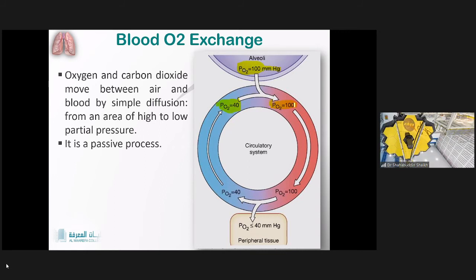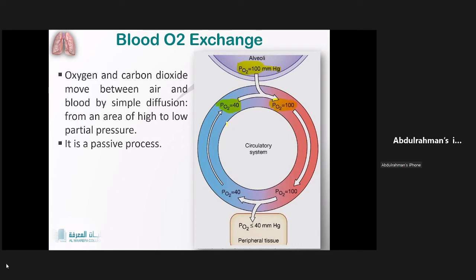In arterial blood it is the same, roughly 100. In venous blood it is less, 40. Can you remember these three numbers? Very important.